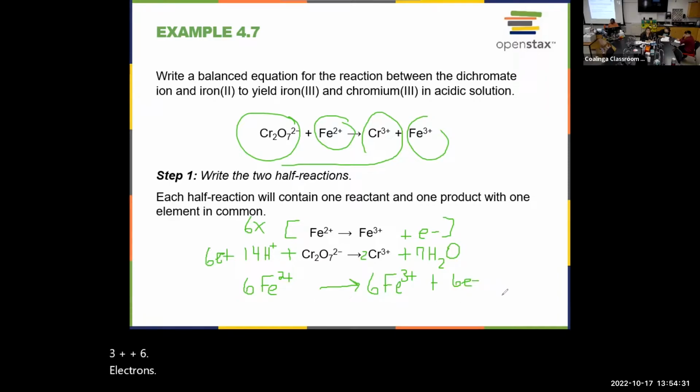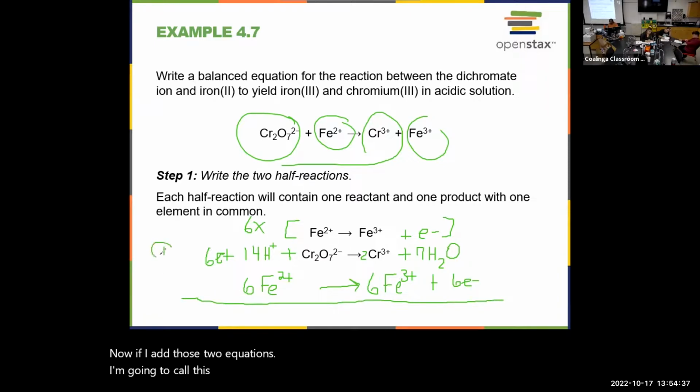Okay, now if I add those 2 equations, I'm going to call this equation 1 and this equation 2, and add these together. 1 plus 2.